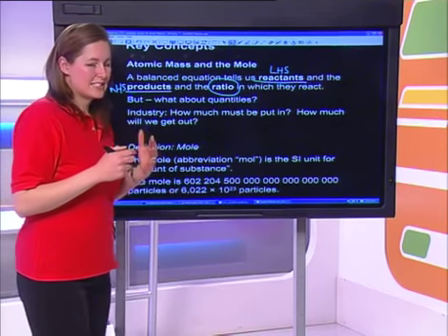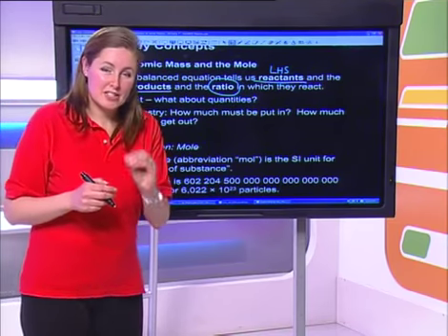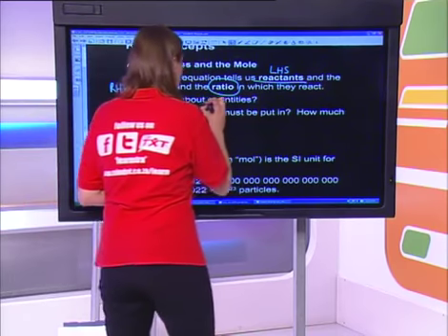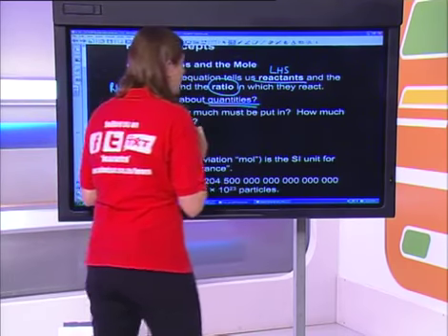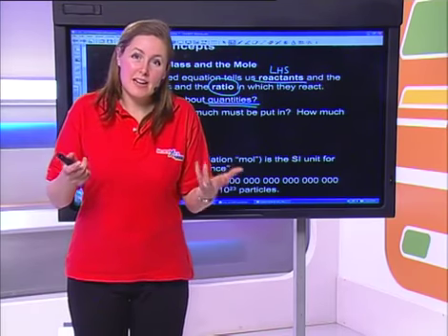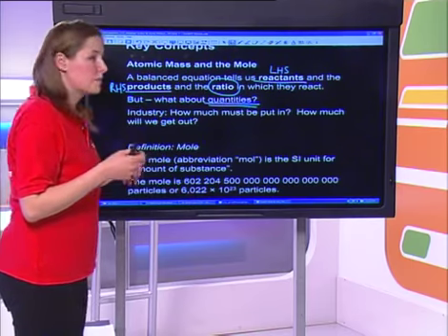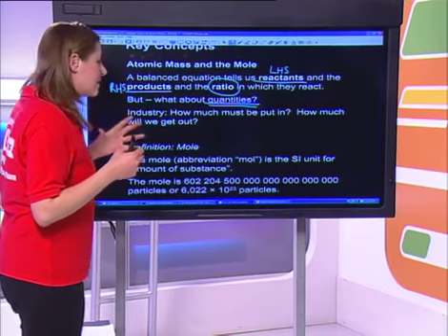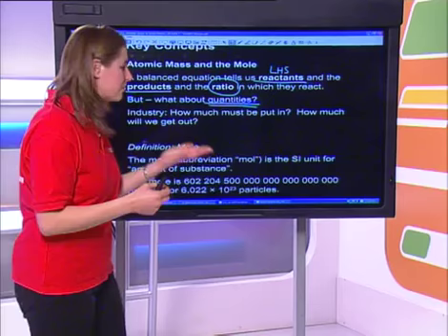But what about quantities? And that's what we're trying to get to in today's lesson. We want to be speaking significantly about quantities. When I say quantities, I mean amounts. Because if you think about it, in industry, and I've written the word industry, how much must we put in, and then how much are we going to get out?